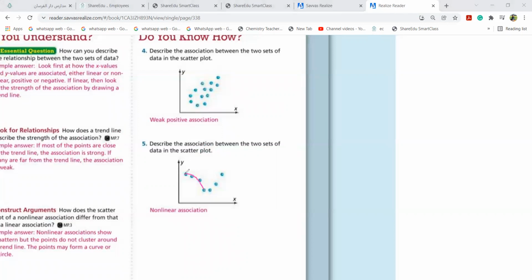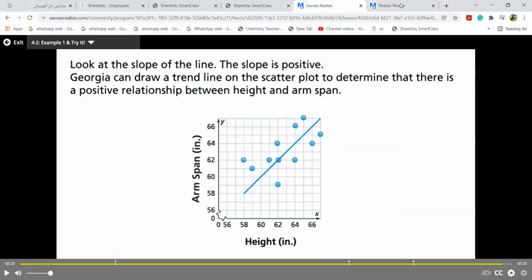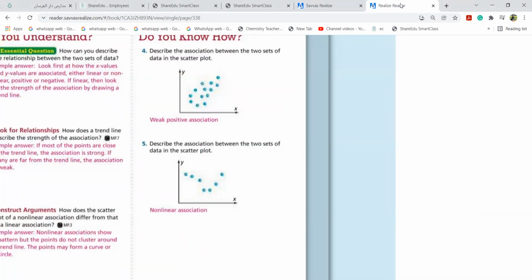Do you think this can be a linear association? Non-linear association. Non-linear association, guys. Write down weak positive association for question 4.